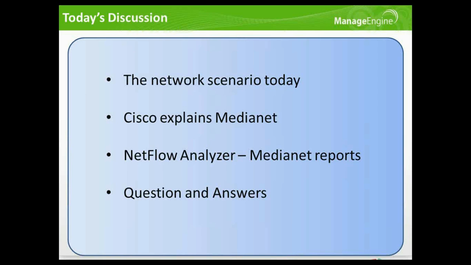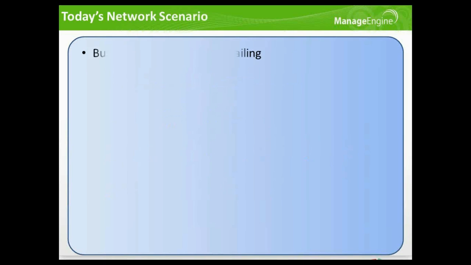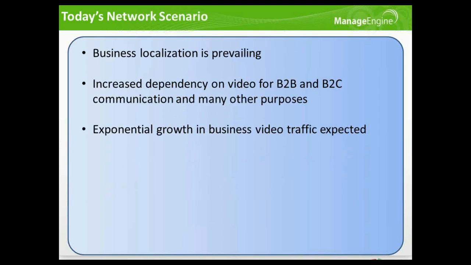Over the past few years, we have seen many organizations localizing their business activities. Business localization in turn means more branches or network locations. With this comes the need for communication between your branches, between employees of different branches, or maybe the CTO at the headquarters and one of their branch locations.